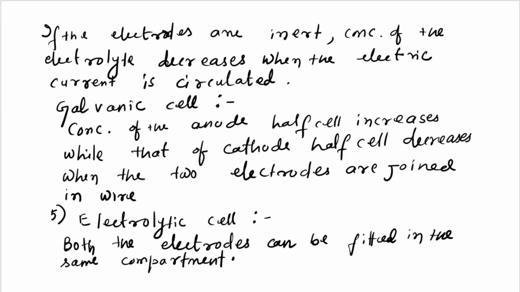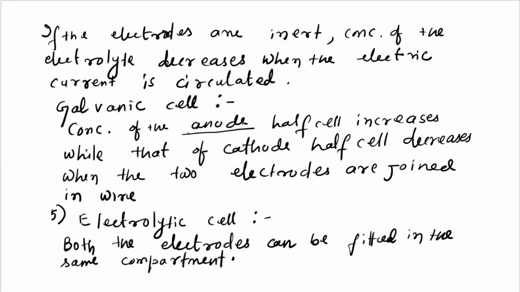In galvanic cell, what happened? Concentration of anode half cell, that means left side half cell, increases, while that of cathode, meaning right side half cell, decreases.